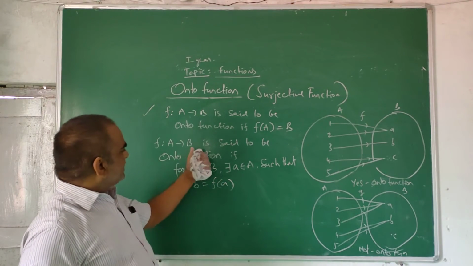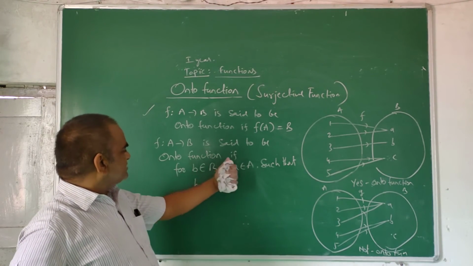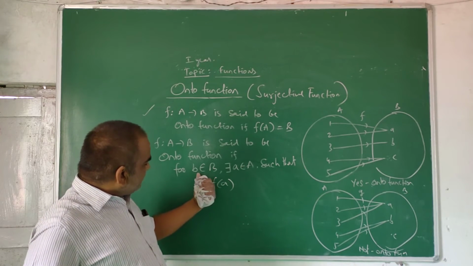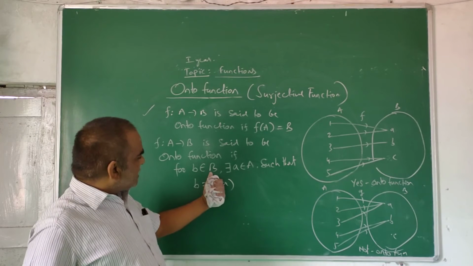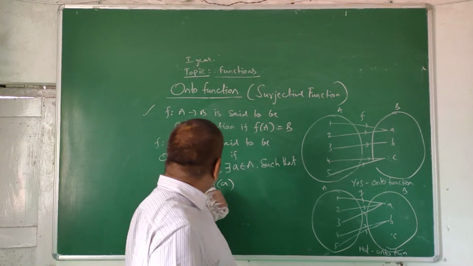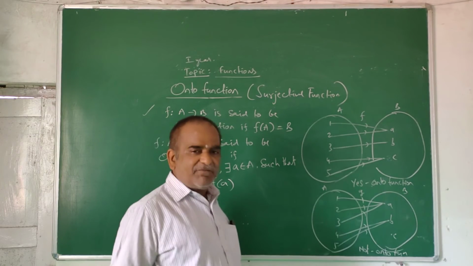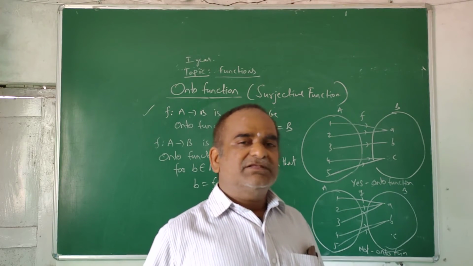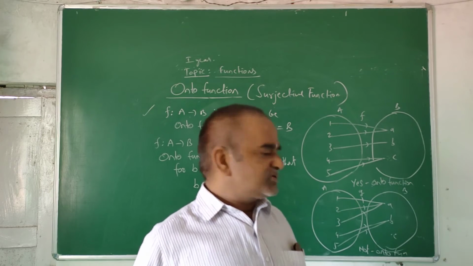So F maps A to B is said to be onto function if for an arbitrary element b in set B, the codomain, you could catch a preimage a in set A such that b is equal to f of a, then that function is said to be onto function.